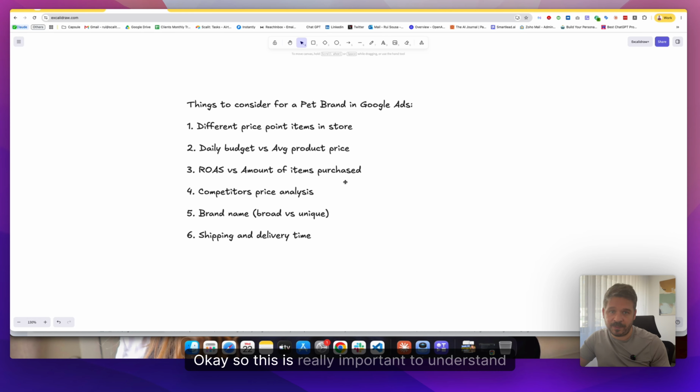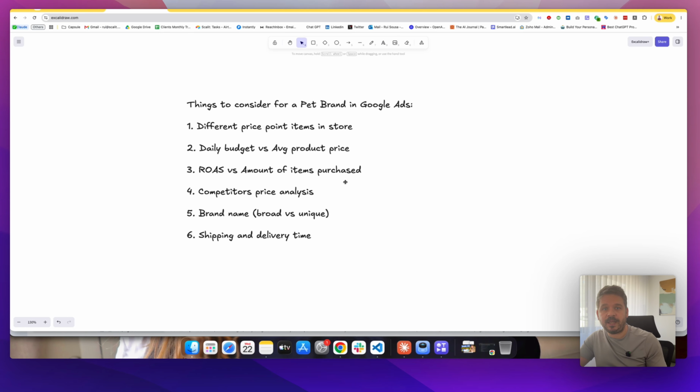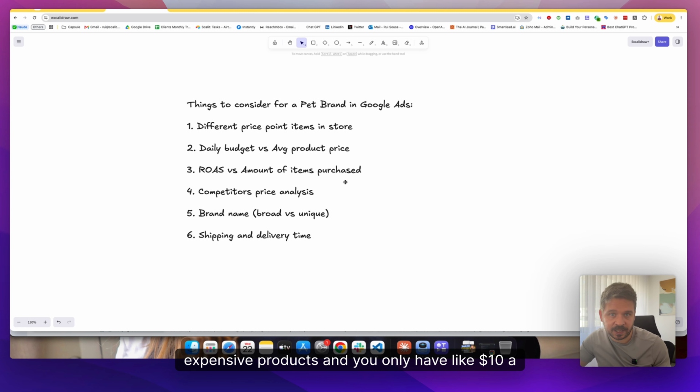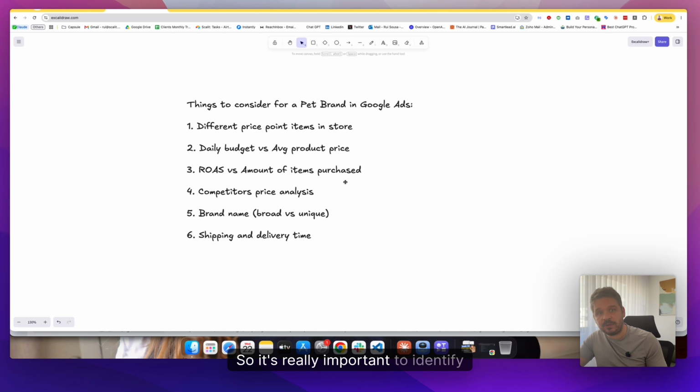This is really important to understand because sometimes you run a Google campaign and don't understand why it's not working, and maybe it's because Google is pushing the most expensive products and you only have like $10 a day on budget. So it's really important to identify the expensive, the mid-tier, the low and the cheapest ones, and push Google in the right direction that you want to go according to your budget.